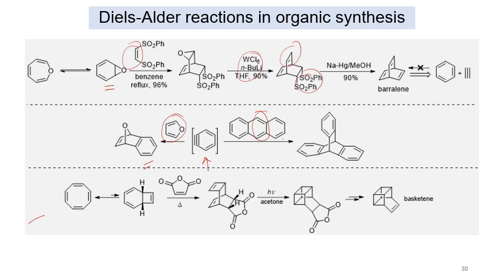In this particular transformation, we had seen the synthesis of buscatine earlier. Buscatine is synthesized starting from cyclooctatetraene. This undergoes an electrocyclic ring closure to give you this diene system, which then undergoes a 4+2 cycloaddition to give you this cycloadduct.